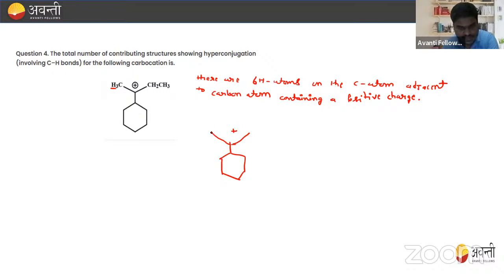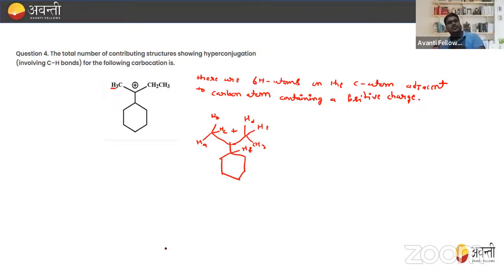Here we have a CH3 group with three hydrogens: HA, HB, and HC. Similarly here we have a hydrogen HD, and one CH3 group is also here with HE, and here also we have HF.